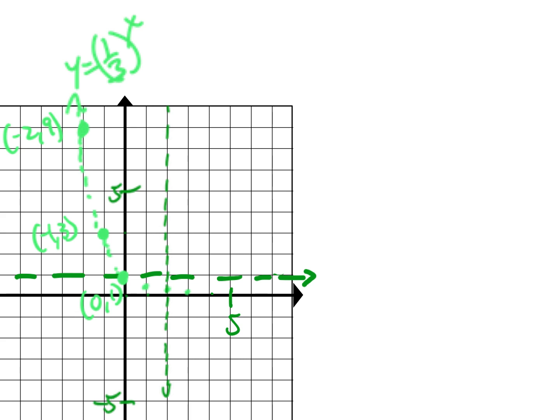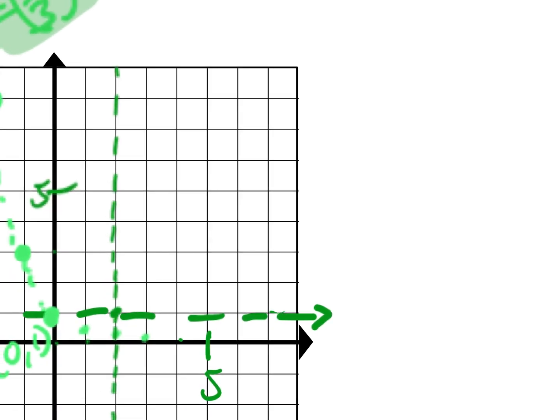So this reference point on this light green, y equals 1/3 to the x, which was at 0, 1, well, now I'm going to pretend in my mind that this is the origin right here. It's not, but I'm going to pretend for a moment. Because if that was the origin, and I was graphing this equation from here, I'm going to ignore the black lines. I'm looking at those dark green dotted lines there.